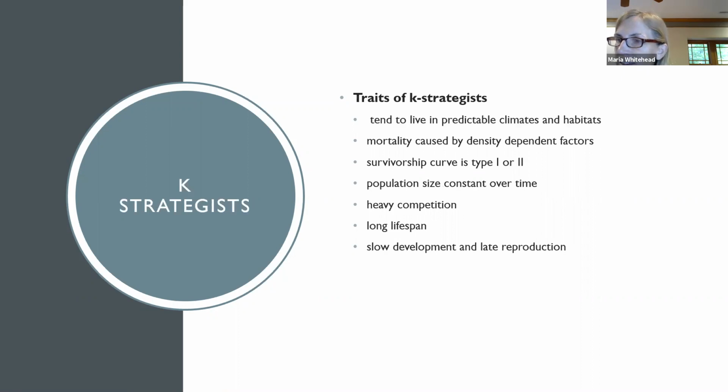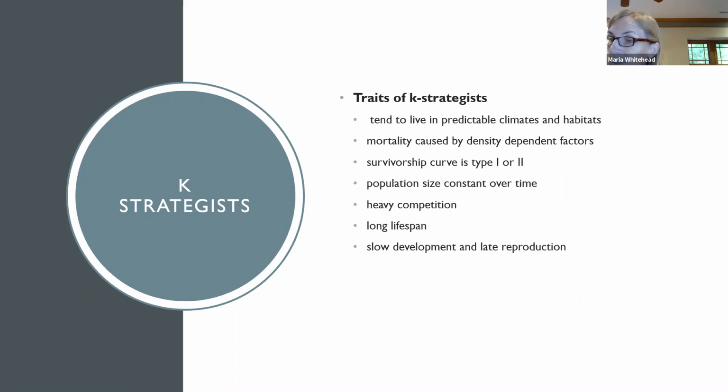K strategists have adaptations that increase their ability to maintain populations as close to carrying capacity as possible. So K strategists tend to have long lives, reproduce late in life, produce just a few large offspring, and provide extended parental care.